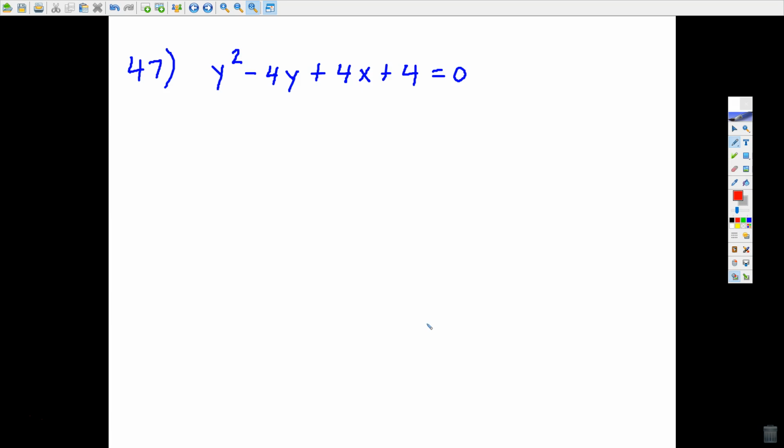Probably makes sense because when we complete the square, we're trying to do the square root of some variable, and it's got to be the one that's got exponent 2. So I'm going to be completing the square on y, and so to get this set up, I'm going to move the x and the constant over to the other side.